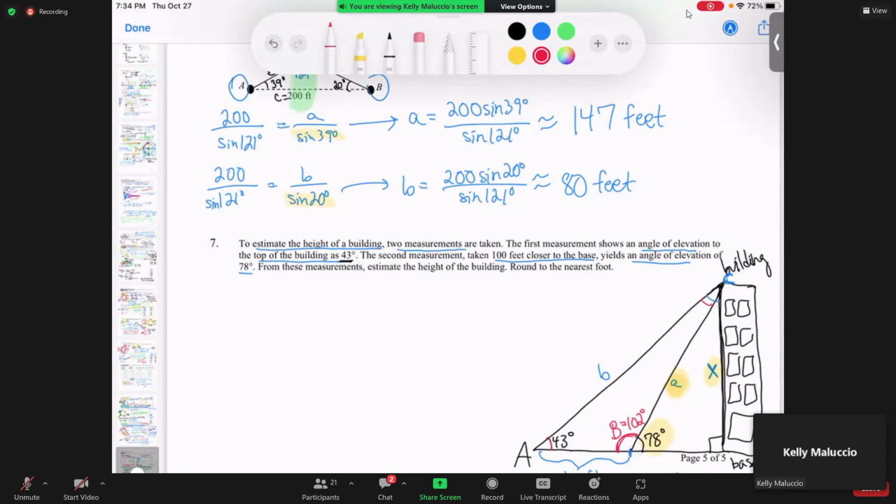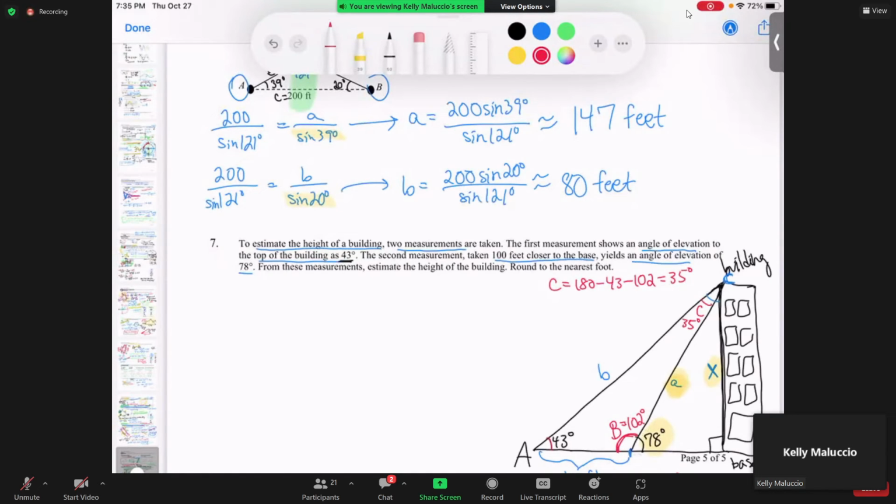And then, if that's 102, to get C up here, I can do 180 minus 43 minus 102, right? And that should be 35 degrees. So this guy's 35 degrees.